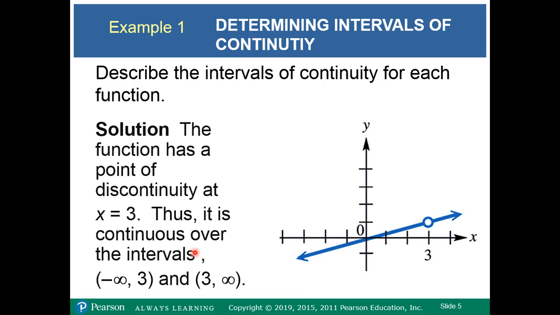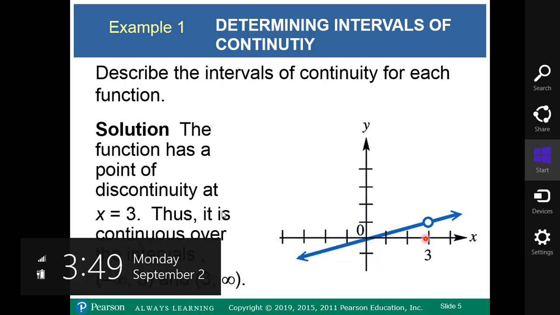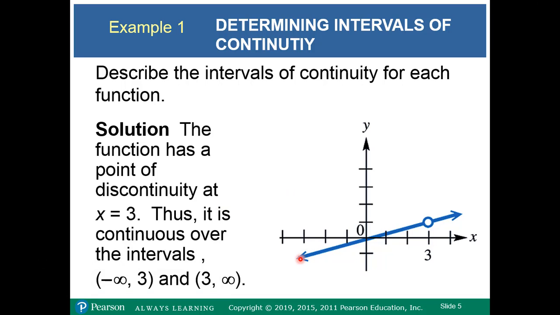Okay, so what about this one? Well, notice that here we can draw our graph, except we have this hole at 3. So 3 can't be included in that continuity. If we're going to look at intervals of continuity, this function is continuous from negative infinity, right? The arrow says it goes on for infinity.